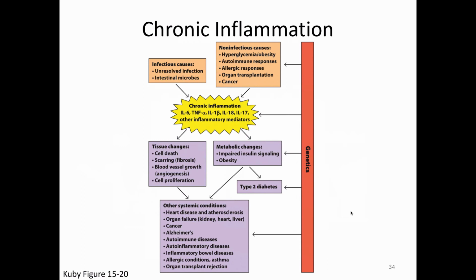You might ask, well, okay, why is there chronic inflammation? Why is this inflammation happening? That's something that we're still a little bit unsure about. This may have to do with infections that aren't going away. This may have to do with problems in how you respond to the microbes in your body. So you have microbes in your GI tract right now that are helping you out. Perhaps you might have a genetic issue so that you respond to them incorrectly and have too much inflammation. There also might be some other causes.